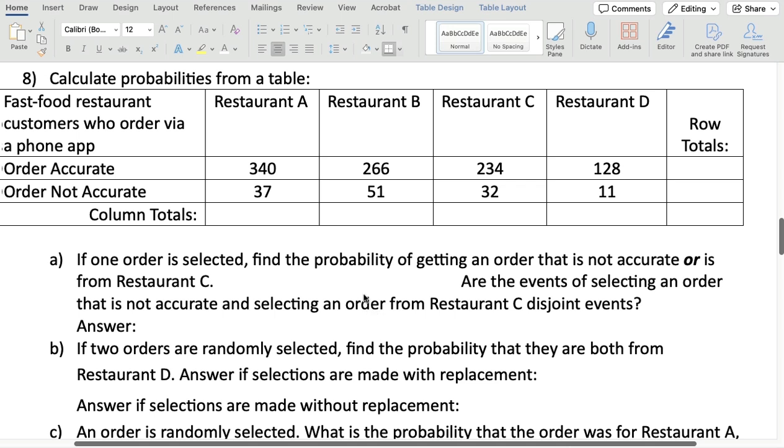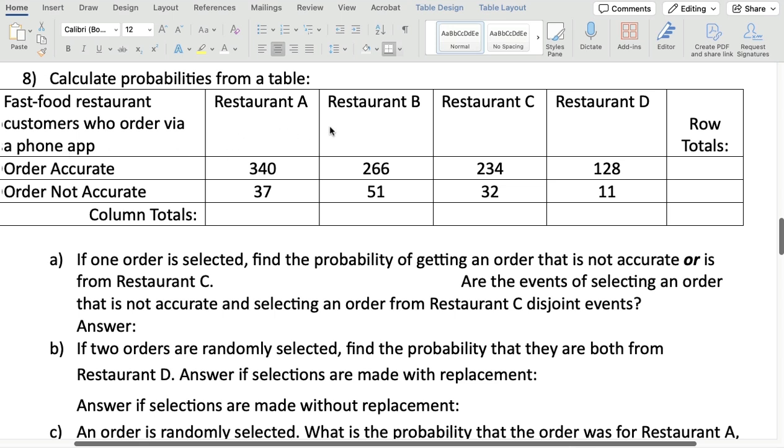So the first question here involves calculating probability from something called a contingency table. So let's talk a little bit about what information is given here. So in this table, basically these are just orders. These are fast food restaurant customers who order via a phone app.